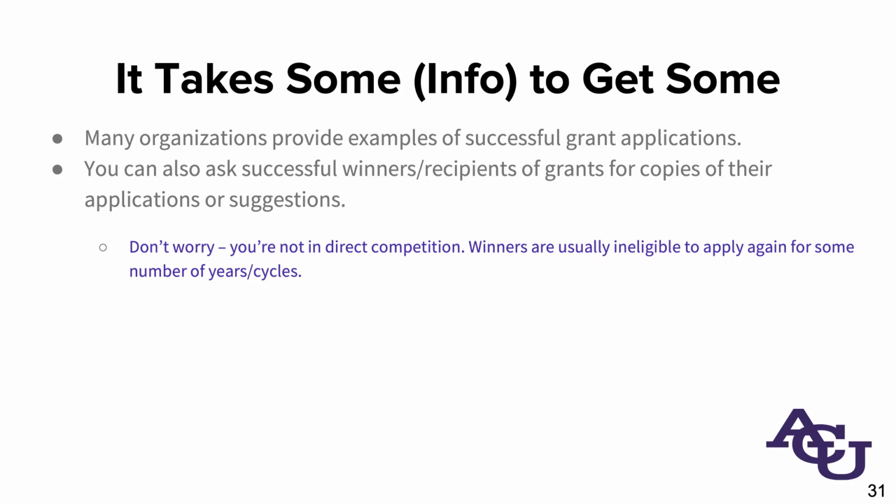And this is something that when I first started doing it, I felt a little odd about it. And as I've learned more, I've realized, oh, one of the reasons that people can be so generous in sharing information is that you're not in direct competition with them. If they get that award, they're almost always ineligible to apply for it again for one or more years.